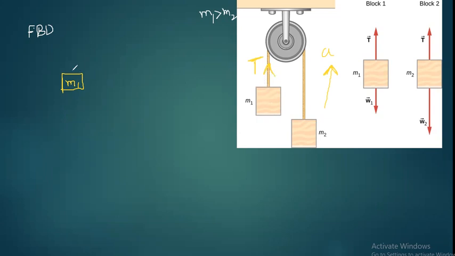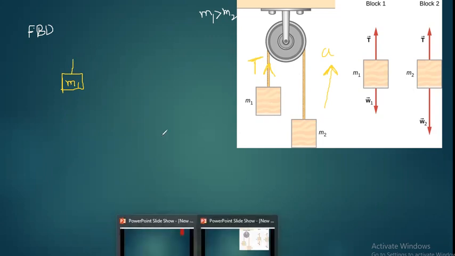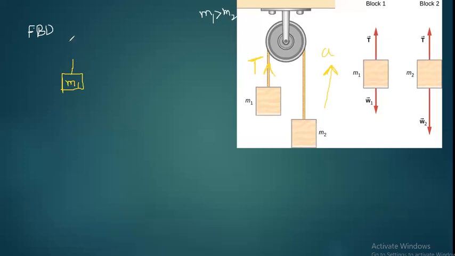In the same way, I am drawing the free body diagram. The tension is acting in the upward direction like this. And we know there is a downward force. What is our downward force?